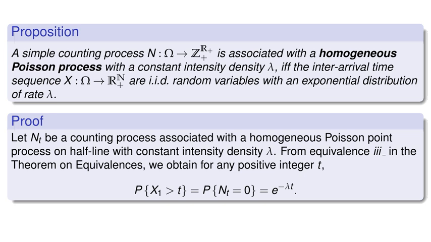The probability that X_1 is greater than t is the same as the probability that N_t equals 0. For a homogeneous process, Λ([0,t]) is λt. So P(N_t equals 0) is e to the power minus λt. This is the survival function of an exponential distribution with rate λ. So X_1 is exponential with rate λ.